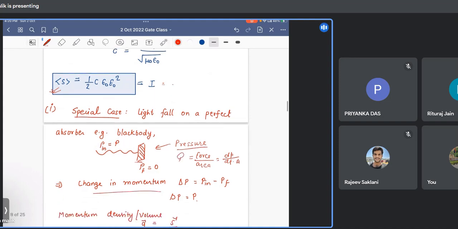So we have to calculate the change in momentum. If the initial momentum carried by this EM wave is P, and the final momentum, since the wave is completely absorbed by the surface, is 0, then the change in momentum is P initial minus P final.